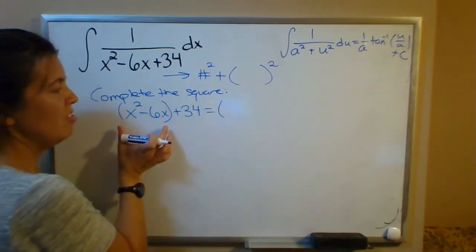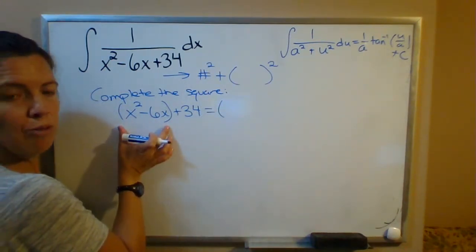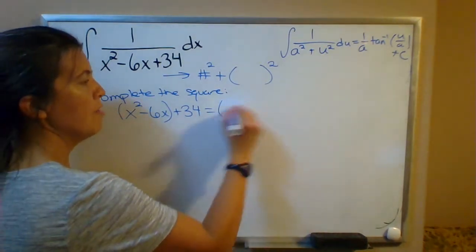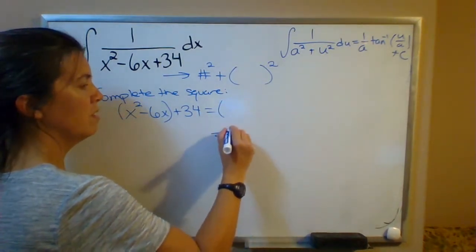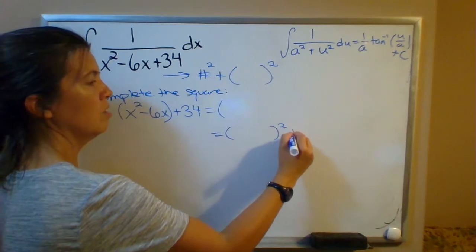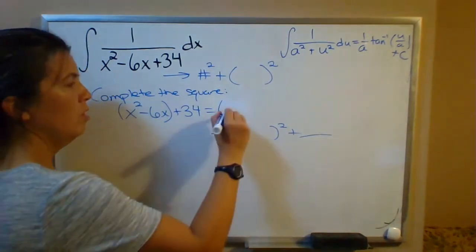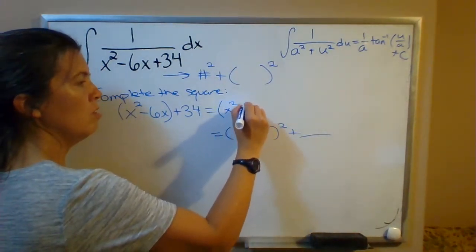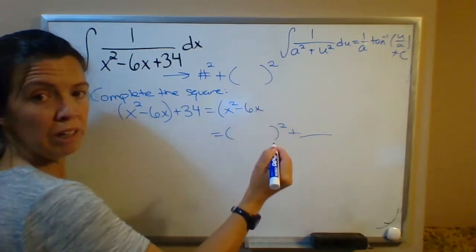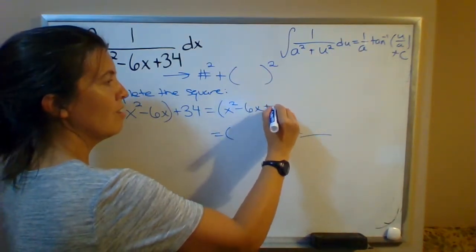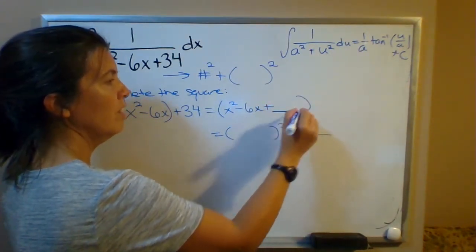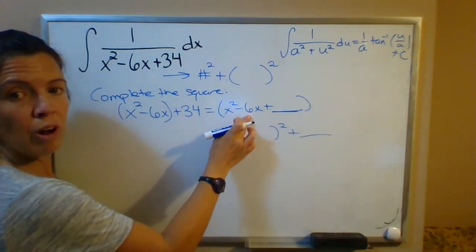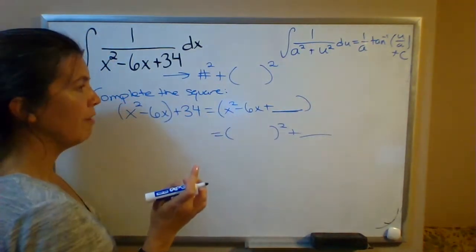But the catch is that this needs to be a perfect square expression. So we want one expression all squared plus some number. So we take this x squared minus 6x, and if you remember completing the square, you add some magic number here that's going to turn this quadratic expression into a perfect square.